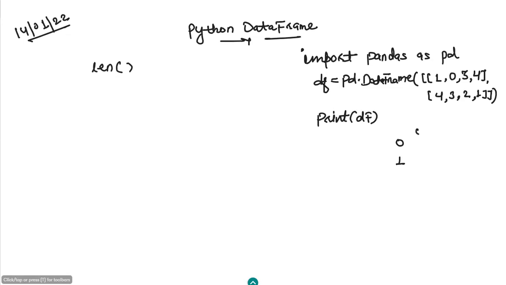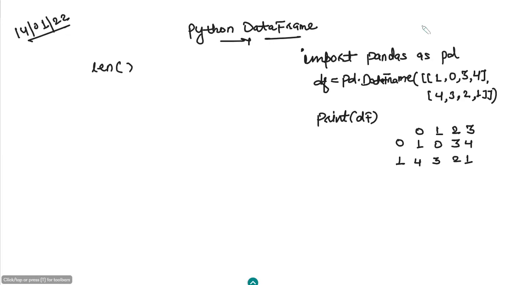We'll start from 0, 1, 2, and 3, right? And now put the elements accordingly. 1, 0, 3, 4, and 4, 3, 2, 1, right? And what is the working of that function?